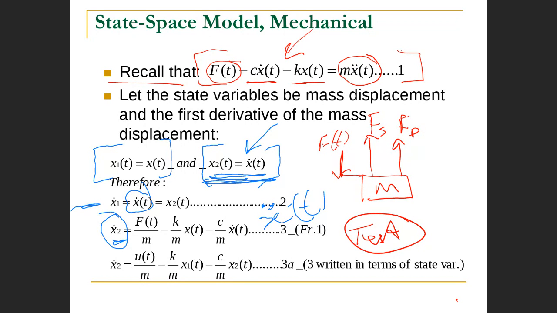Our challenge here is that x double dot of t is not a state variable. Hence, we have to find a replacement for it. What do we know about x double dot of t? So that when we remove it and place that new expression there, it is equivalent.